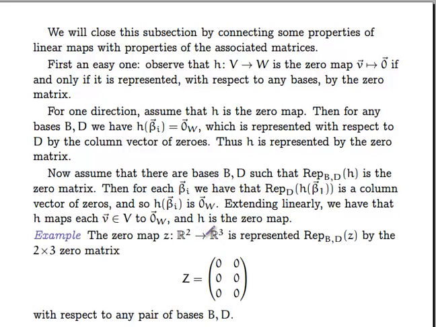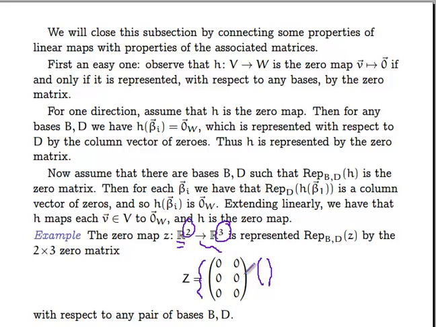The zero map from R2 to R3 is represented by a 3×2 matrix of zeros. Notice that the codomain dimension is the number of rows, and the domain dimension is the number of columns. That makes sense because you're going to multiply this matrix by a vector that represents the elements of R2.